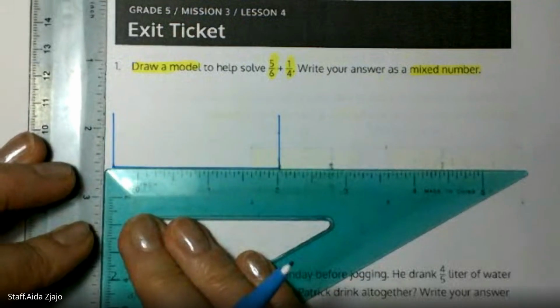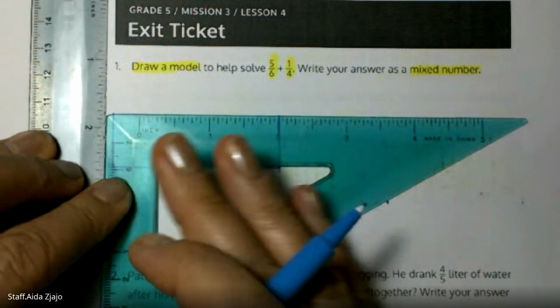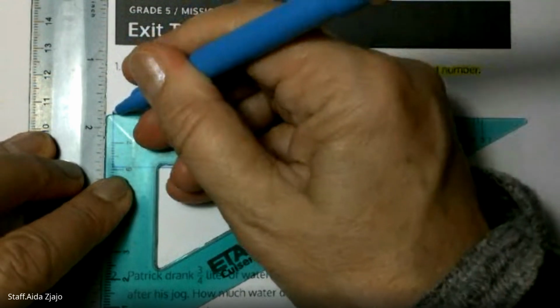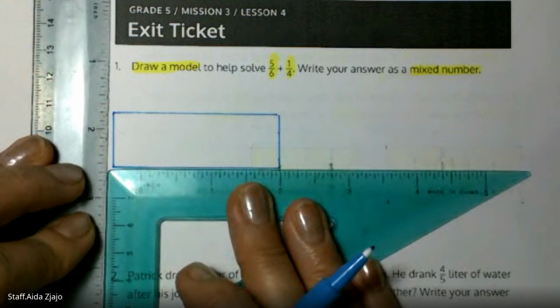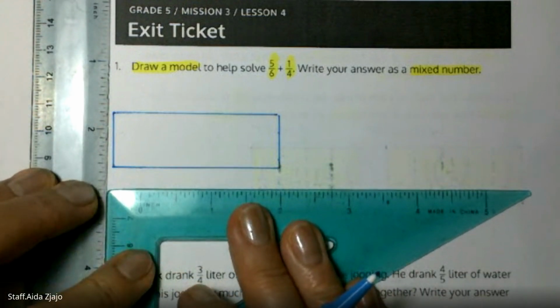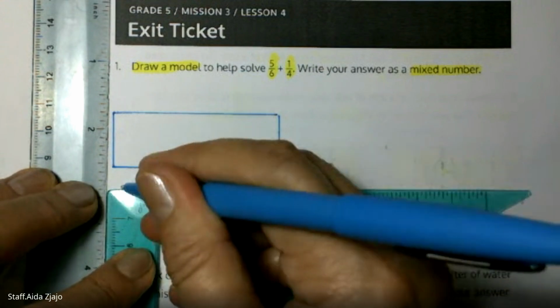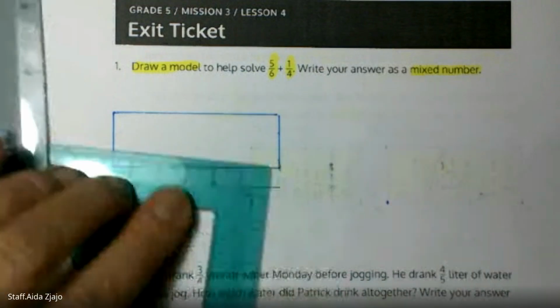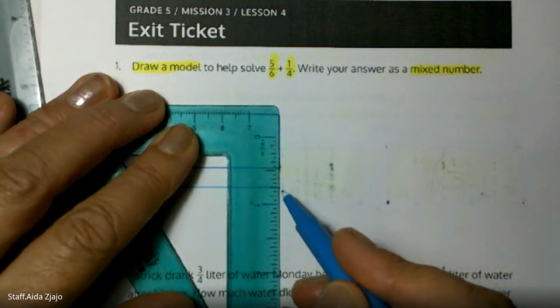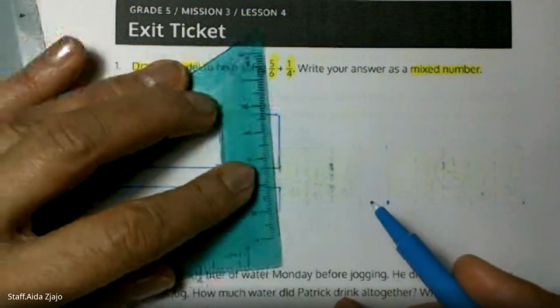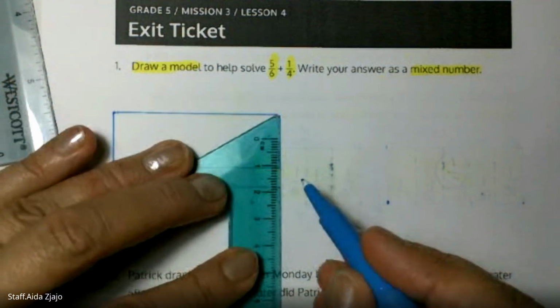I'm going to use my little triangular ruler to help me draw parallel lines. So this is going to represent one whole, and I am going to create another exactly same whole. It's going to be 6 centimeters long and 2 centimeters wide.